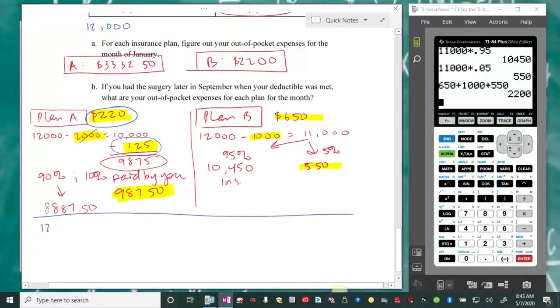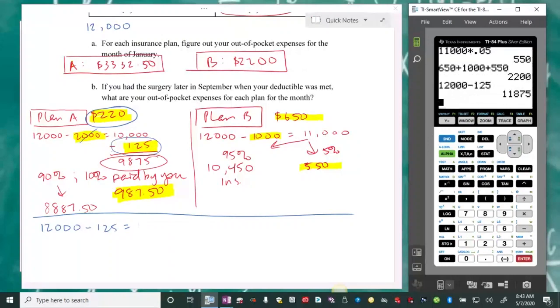So I've got 12,000. I no longer have that 2,000 that I'm subtracting. So instead I'm going to subtract $125. So that's going to give me, let's see, let's just do that right here. So 12,000 minus $125. I want to get that balance.